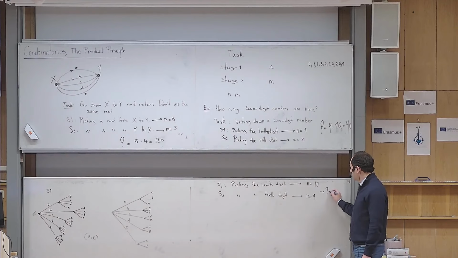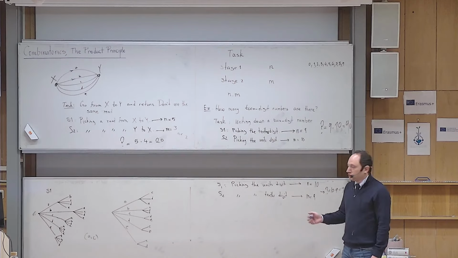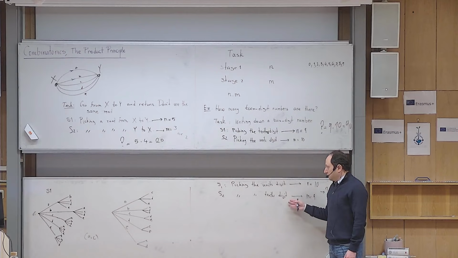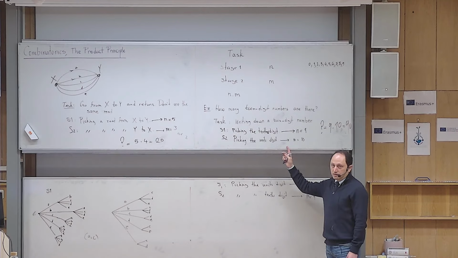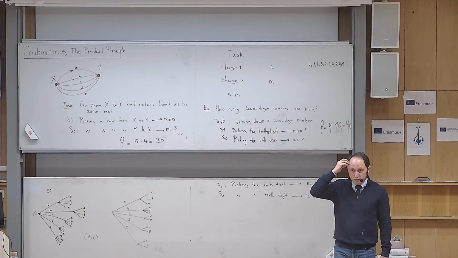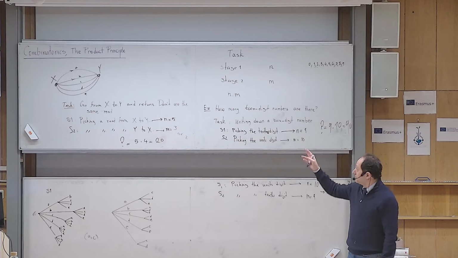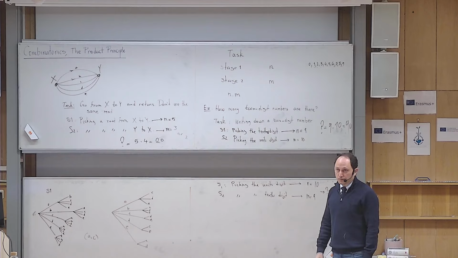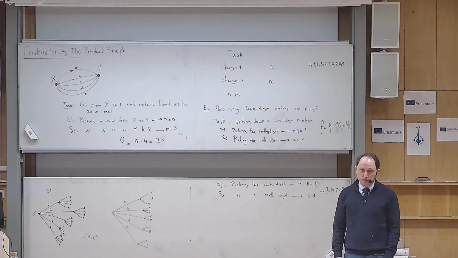Yes. So, the answer is 10 times 9, which is, of course, again, 90. So, it works. The reason that I'm talking about this is because sometimes the natural order is not a good order if you want to use the product principle. By interchanging the natural order, you can still solve the problem using the product principle.